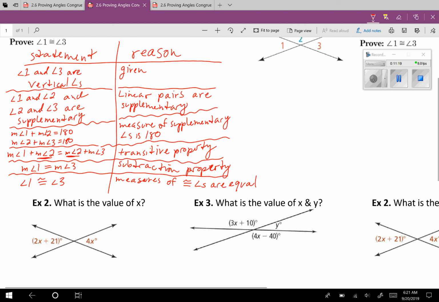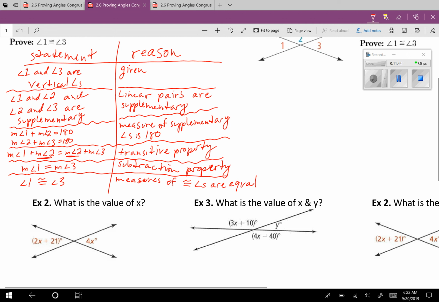Then you say the measure of angle 1 plus the measure of angle 2 is equal to 180, and same thing with angle 2 and angle 3, because the measure of supplementary angles is 180 degrees. Then you set the two angle additions equal to each other because of the transitive property, because they were both equal to 180.